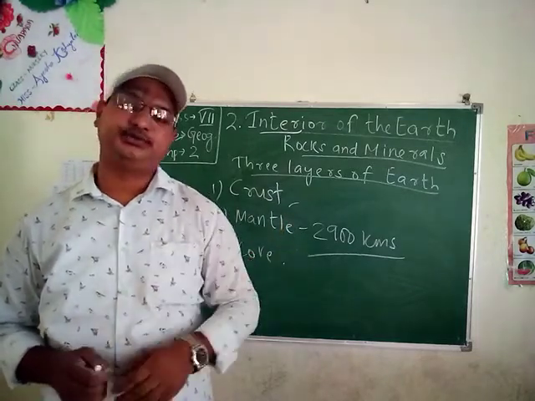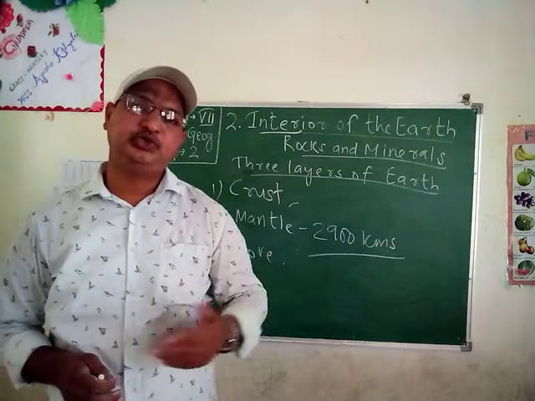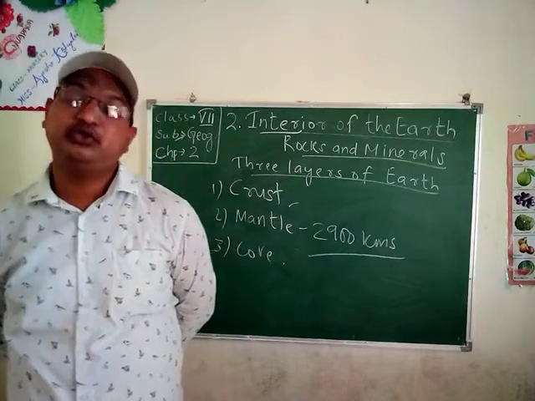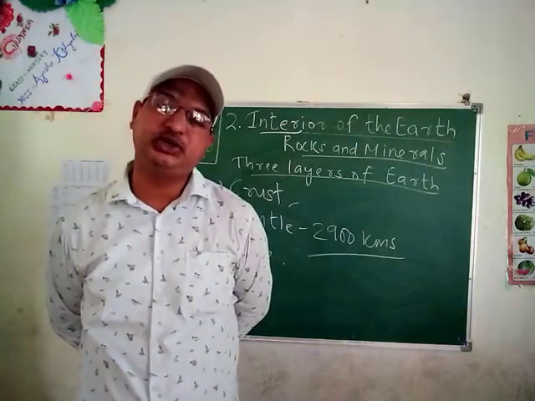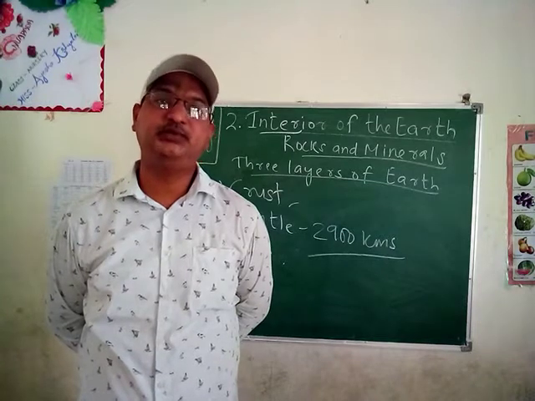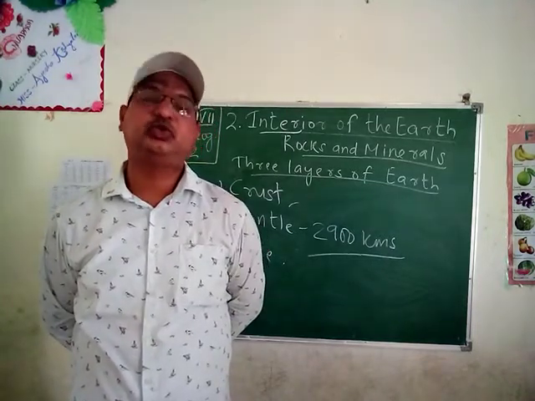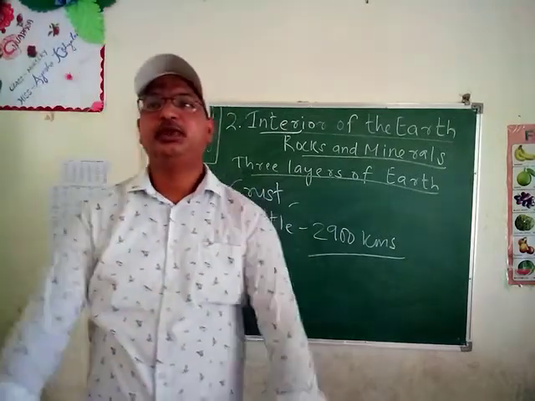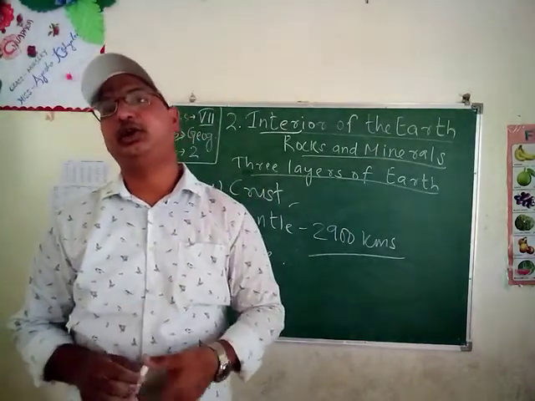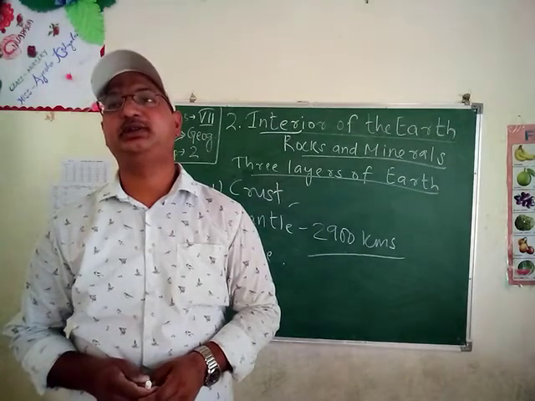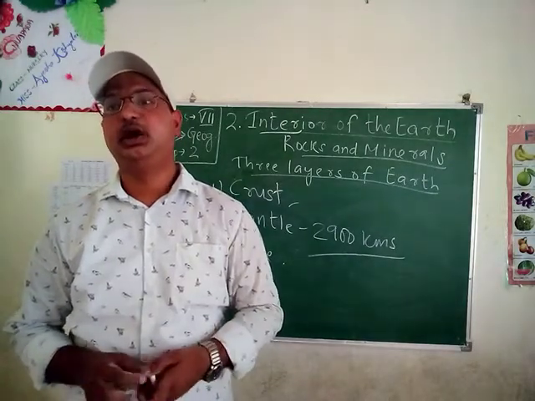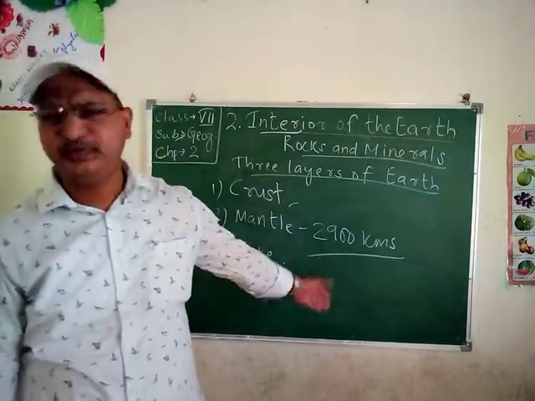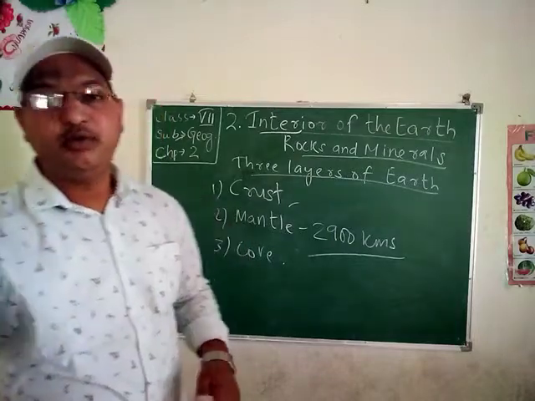All the living organisms along with the lithosphere, hydrosphere, atmosphere, that is also known as the biosphere, the narrow zone of contact between all the spheres of the earth, all the realms of the earth. Students, having learnt certain basic facts about the earth, let us now try to know some facts about the interior of the earth, how it is really made up. I have given a slight information, but the main information, where it comes from.